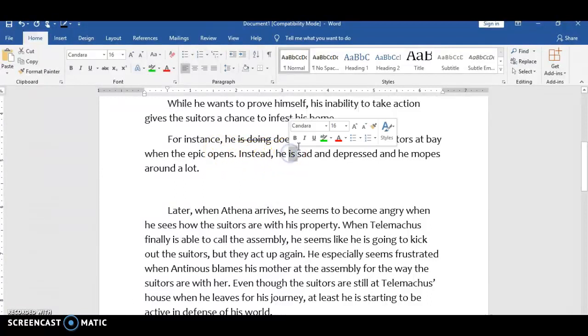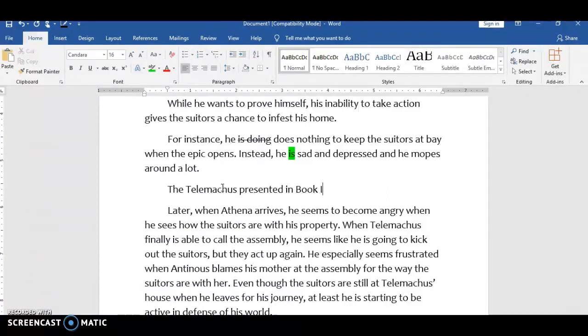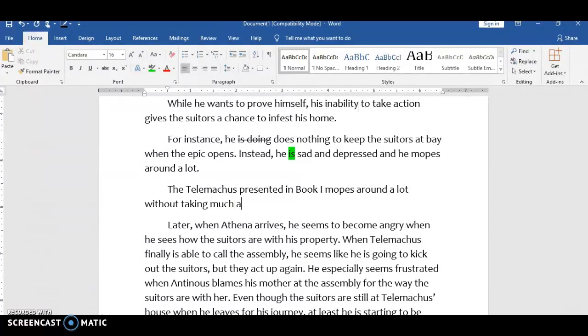All right, he is doing nothing to keep the suitors at bay when the epic opens. Instead, he is, oh, that's clearly a linking verb. He being tied to sad, he being tied to depressed, because we've got that fanboy, meaning that we have two predicate adjectives. And he mopes around a lot. Okay, that's okay, but let's see if I can do better. I would say the Telemachus, presented in Book 1, mopes around a lot without taking much action.